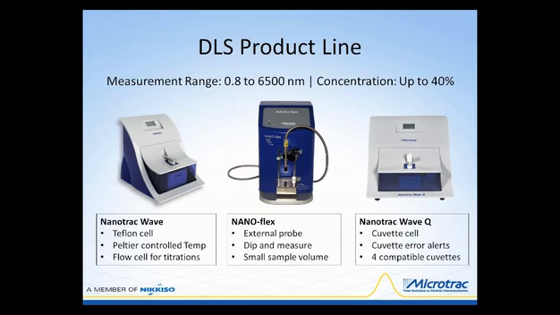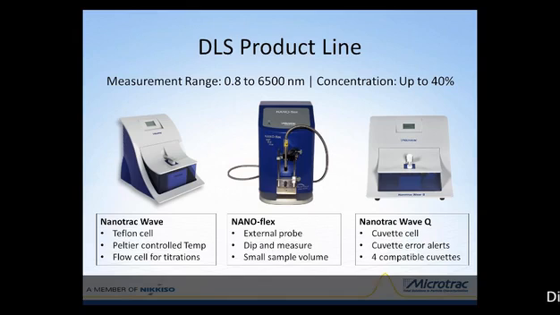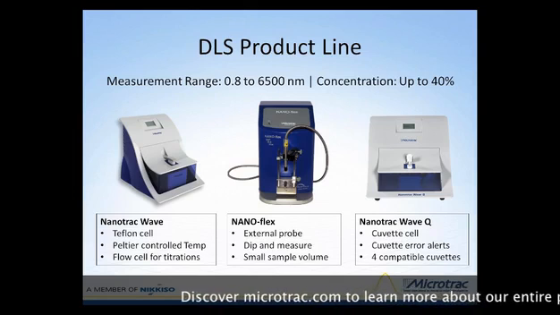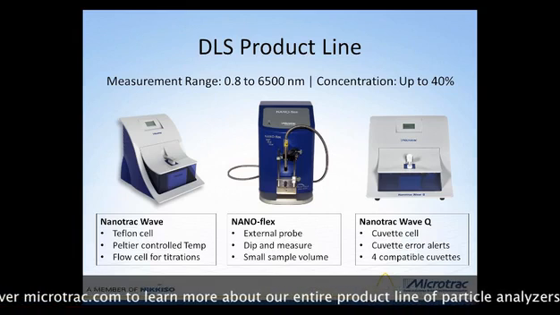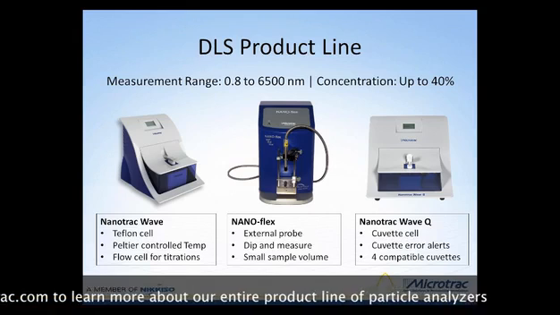And then on the right, the Nanotrac Wave Q, which is our cuvette version of our DLS analyzer. One of the things that's unique about our system is we have cuvette error detection alerts, which basically says there's either a smudge or your cuvette's not inserted properly, and it will not let you make a measurement until you fix the orientation of your cuvette.